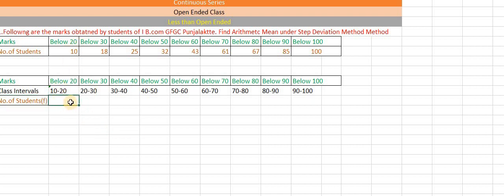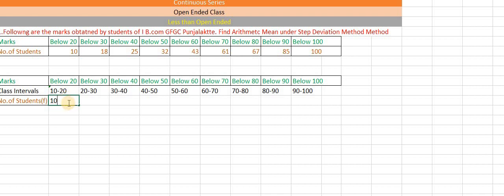So how do we calculate this for each individual class interval? The next class interval is 18, so 18 minus 10. You can observe below 20 means it's 10 to 20. This 10 does not include any students from another class interval; it purely belongs to 10 to 20.